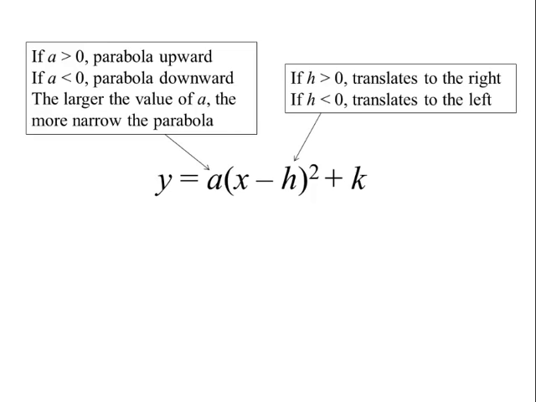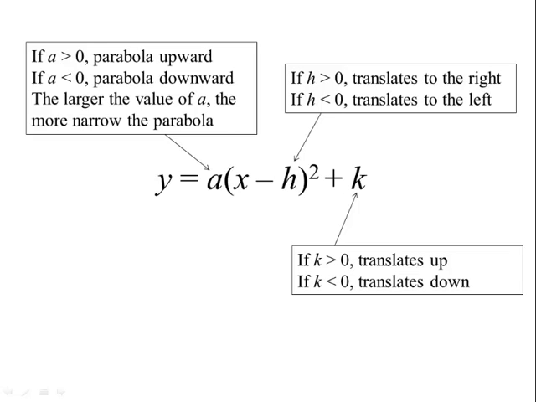For h, when h is positive, it translates to the right, and when h is negative, it translates to the left. The only tricky part about this is when h is negative, this will be x plus h. And for k, when k is positive, it translates up, and when k is negative, it translates down.